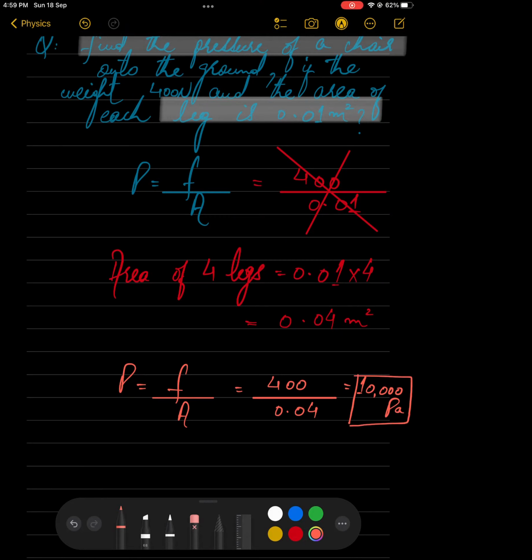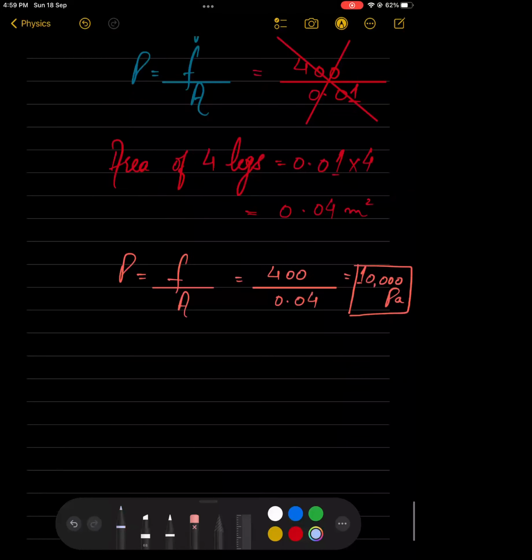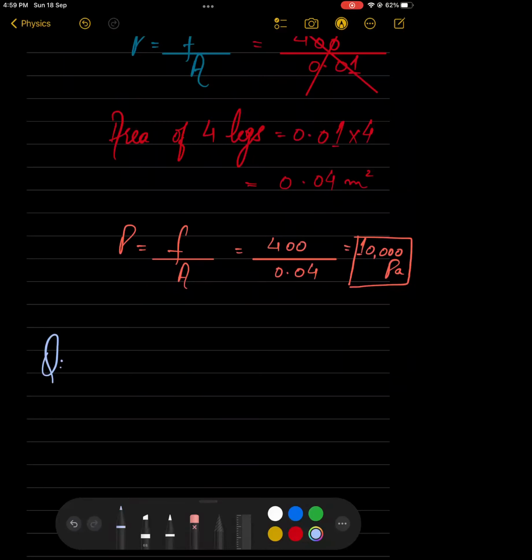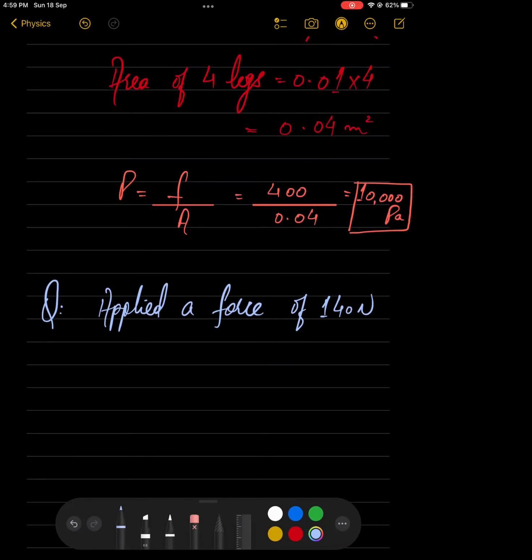Now, moving forward, we have another similar question. And over here, they are saying that a student applied a force of 140 Newton on a brake pedal of 8 centimeters square.